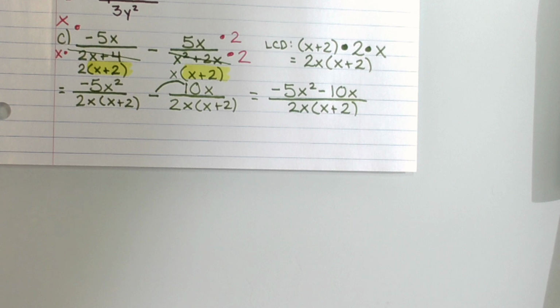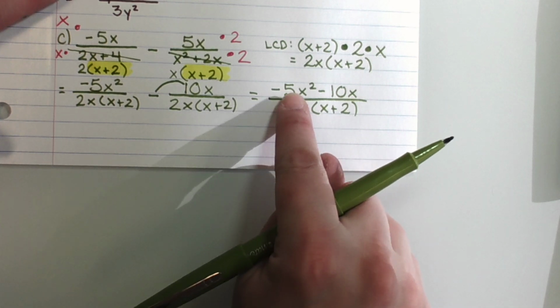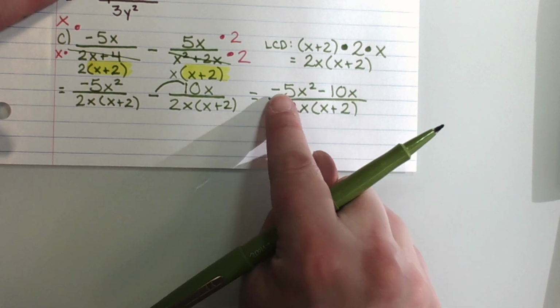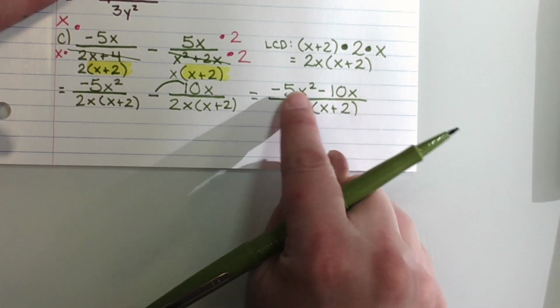I must simplify. Combine like terms. Are they like terms? No, so I don't combine. Factor. Greatest common factor? Negative, because I don't want to leave the negative on the first thing. 5 from both and x from both.